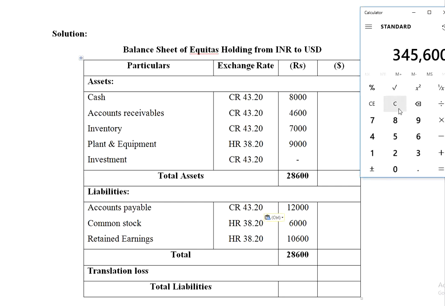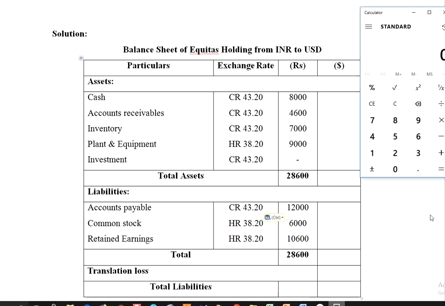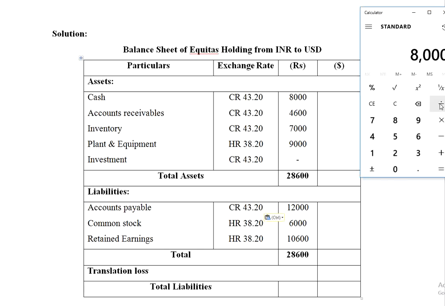It is wrong, because I have already taught you many times, whenever you are converting from the weakest currency to the strongest currency, you have to divide this amount. Let us take 8,000 divided by this CR, divided by 43.20.